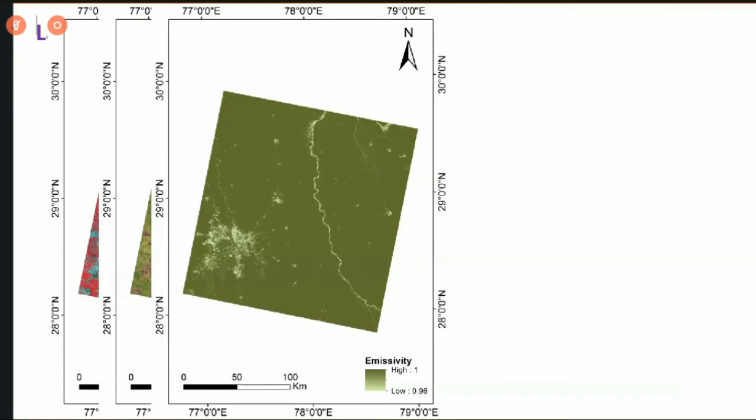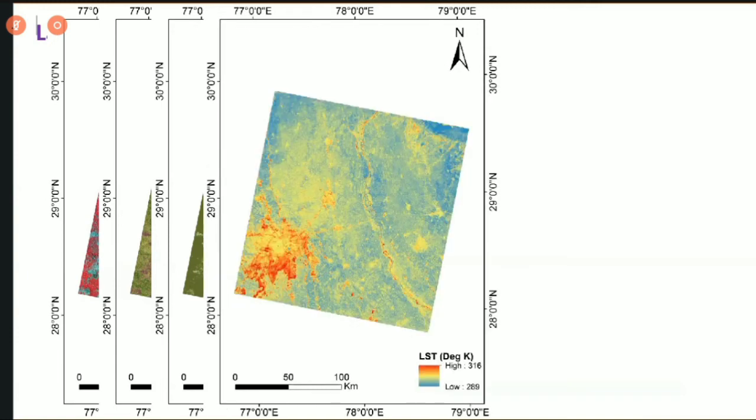These three categories define soil, a mixture of soil and vegetation, and vegetation. The specific coefficients used are already available in various peer-reviewed journal publications. You can use them directly and generate the emissivity image.